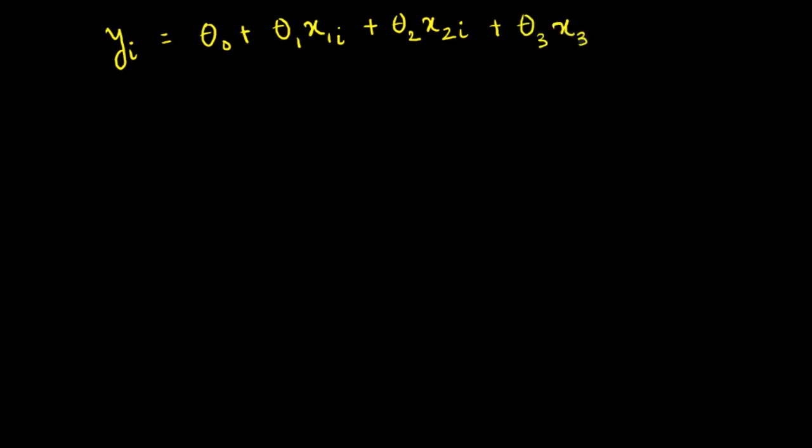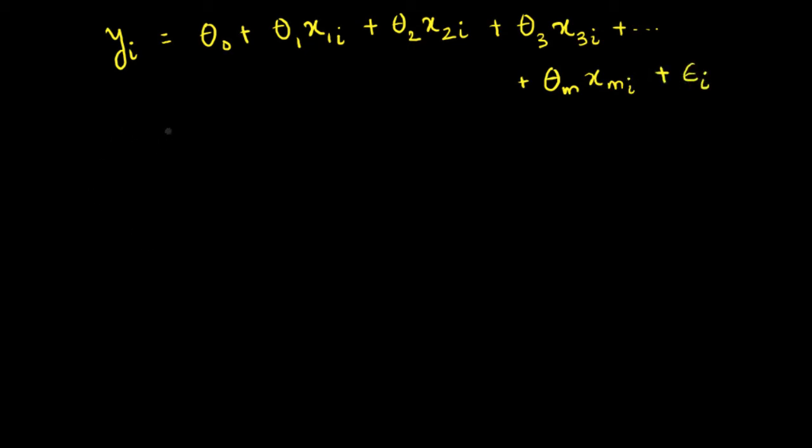So actually you have yi is equal to theta 0 plus theta 1 x1i plus theta 2 x2i plus theta 3 x3i and so on up to theta m xmi plus epsilon i.